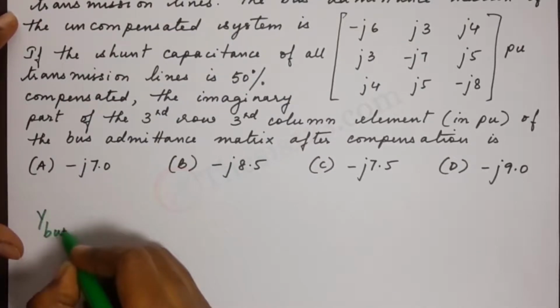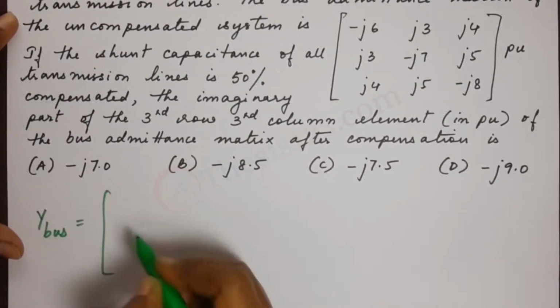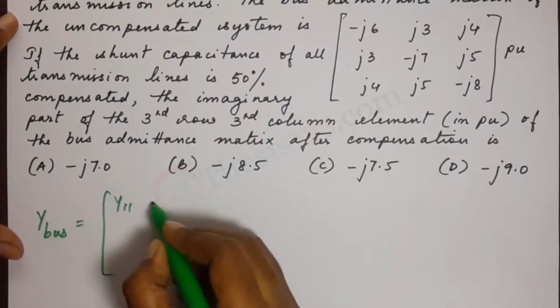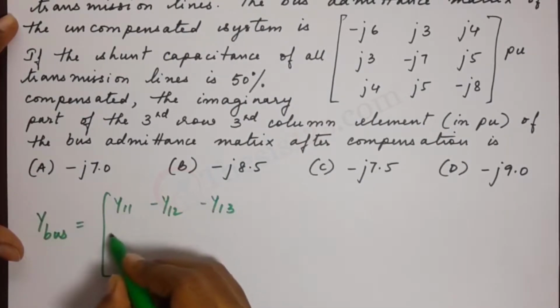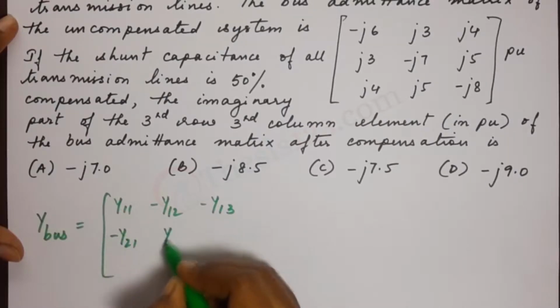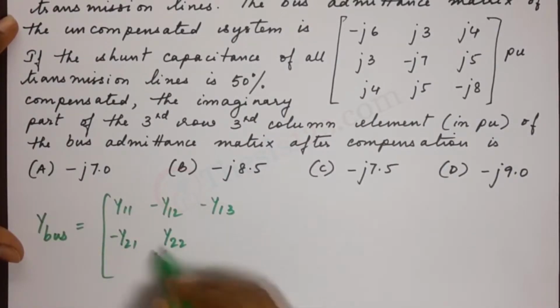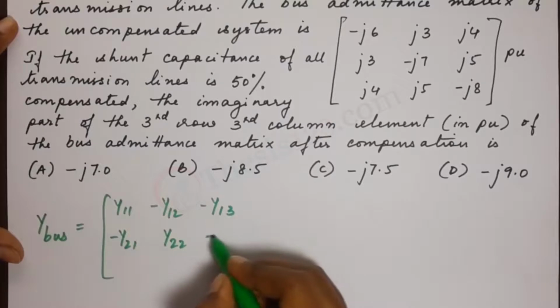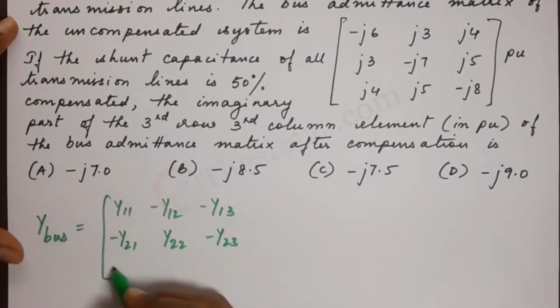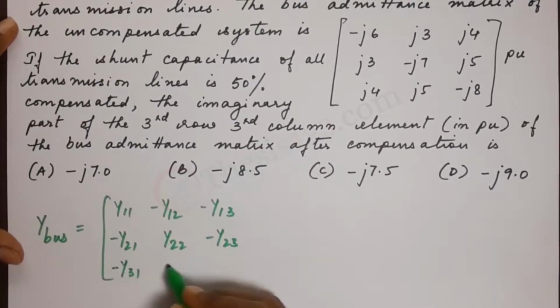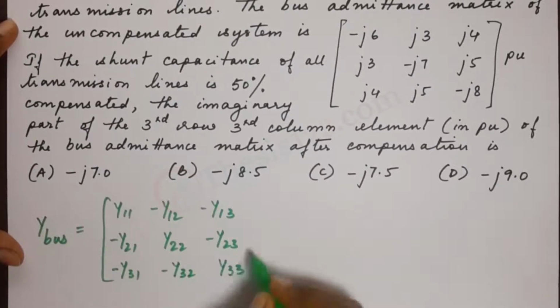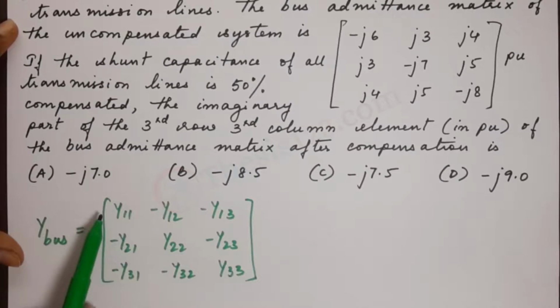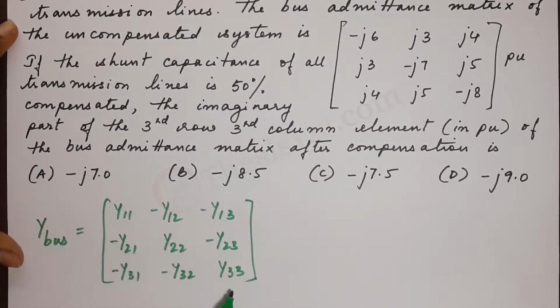Y bus would be equal to Y11, minus Y12, minus Y13, minus Y21, Y22, minus Y23, minus Y31, minus Y32 and Y33. So note here that the diagonal elements are positive.